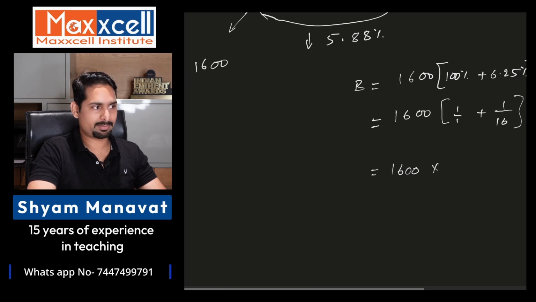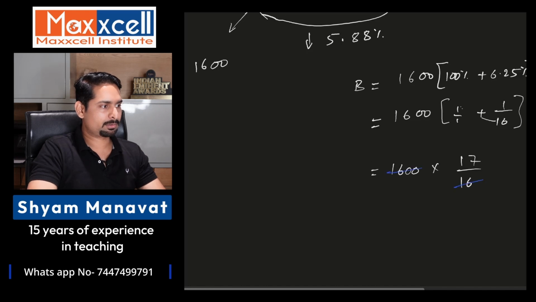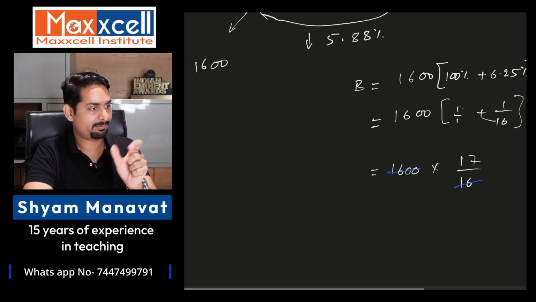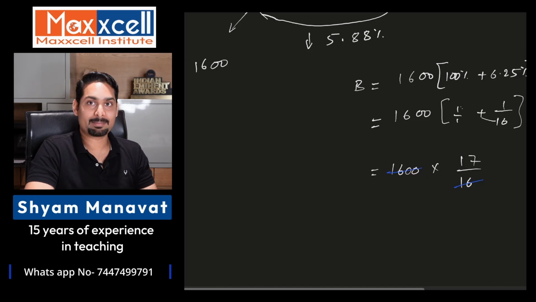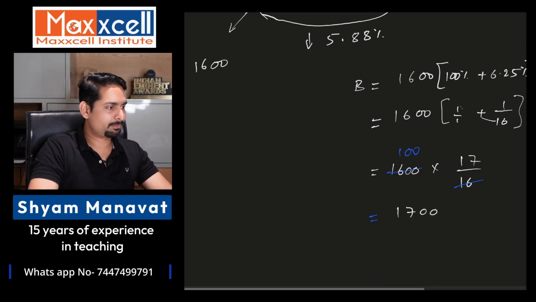I hope you know how to add fractions. 16 into 1 plus 1, that will be 17 by 16. Simplify this. In this class we are focusing only on fraction percentage, so I am not discussing how to add the fractions 1 by 1 and 1 by 16. I am assuming that you know this. So this is 100 and this will give you what? 1700. Correct? So this should be equal to B.